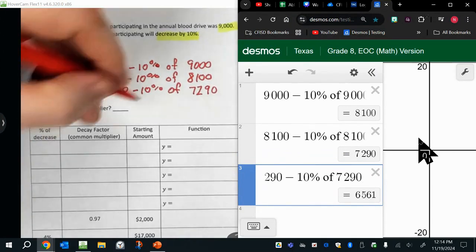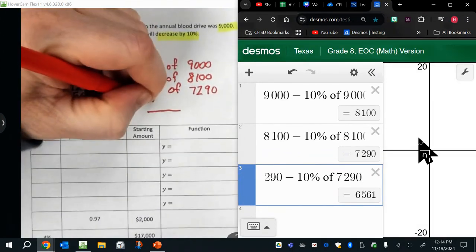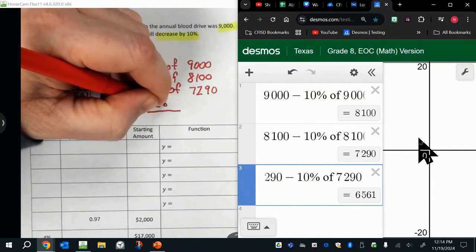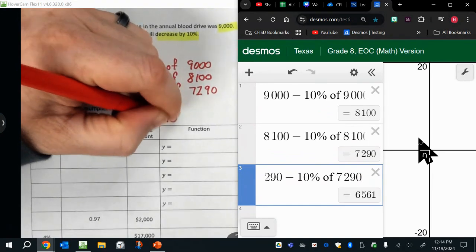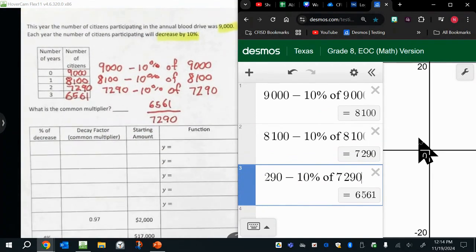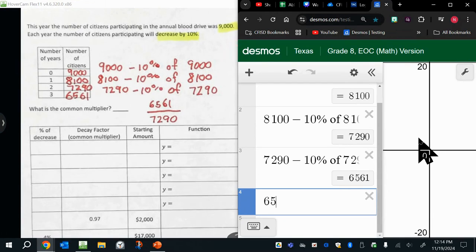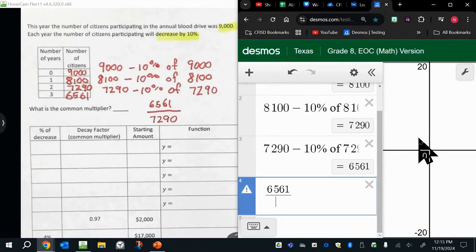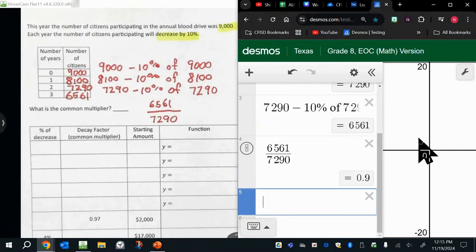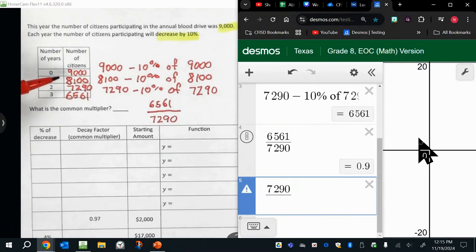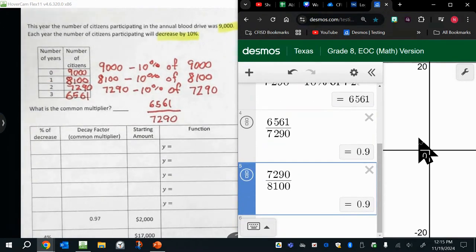So, what is my multiplier? Well, let's do this. Take 6561 and divide it by that 7,290, the number above it. So 6561 divided by 7290, that's 0.9. And I bet you if I take 7290 and divide it by 8,100, that also gives me 0.9.